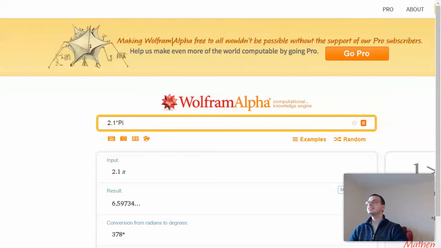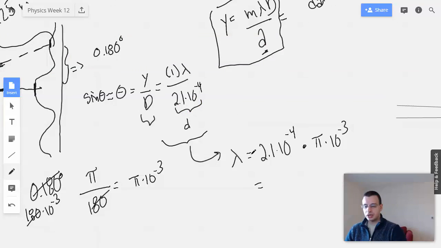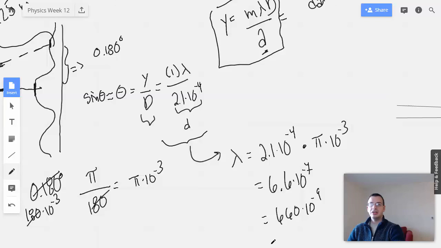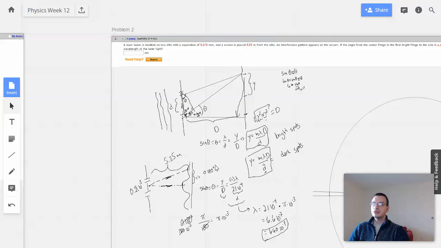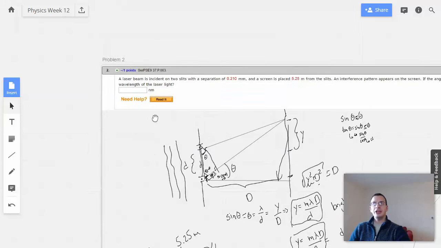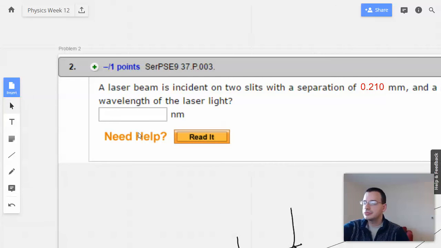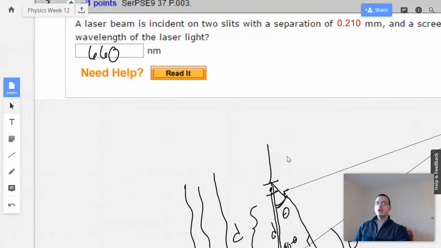Nope, 6.6. All right, so we have 6.6 times 10 to the negative 7th, which equals 660 times 10 to the negative 9th. All right. So they probably want it in nanometers, I'm guessing. So 660. There we go. All right.